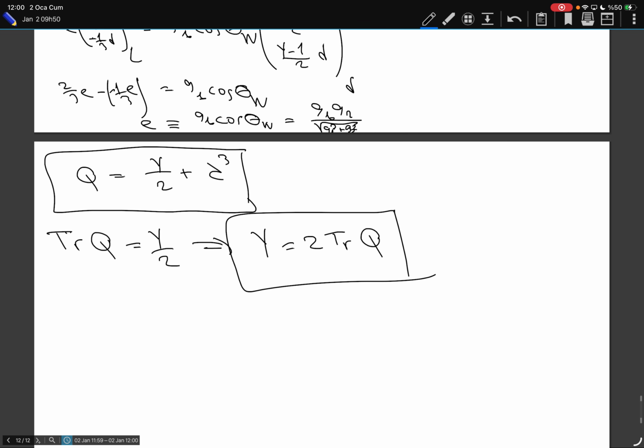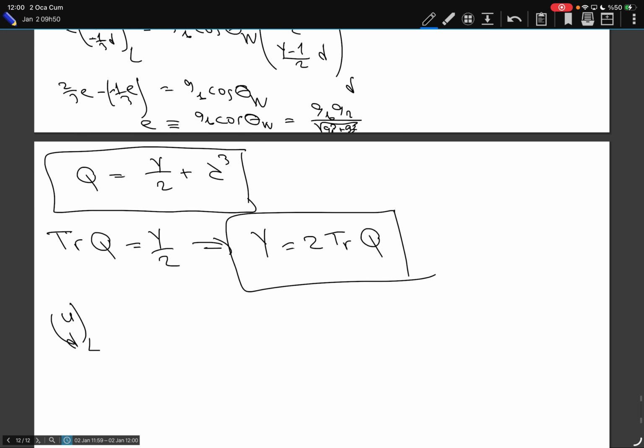So let's see. I have U and D_L. What is the hypercharge here? Well, the trace of Q basically means sum the charges. The charge of an up quark is 2/3, down quark is minus 1/3. So if you just sum them up, you get 1/3.